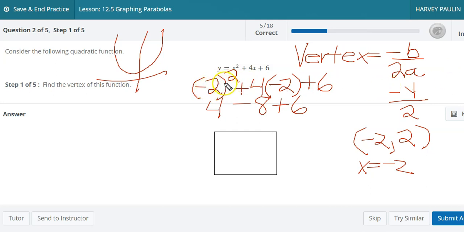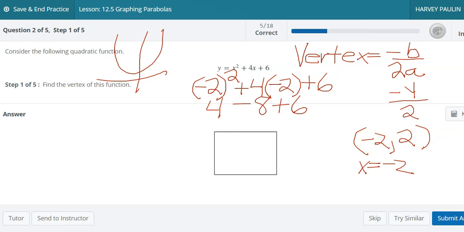So negative 2 squared is a positive 4. Now 4 times negative 2 is a negative 8, and then we have a 6. So adding this up, we get 10 minus 8 is 2. So our vertex here is going to be a negative 2, comma 2.